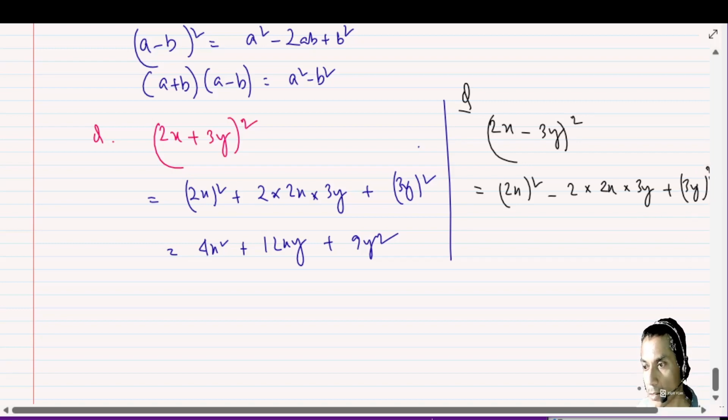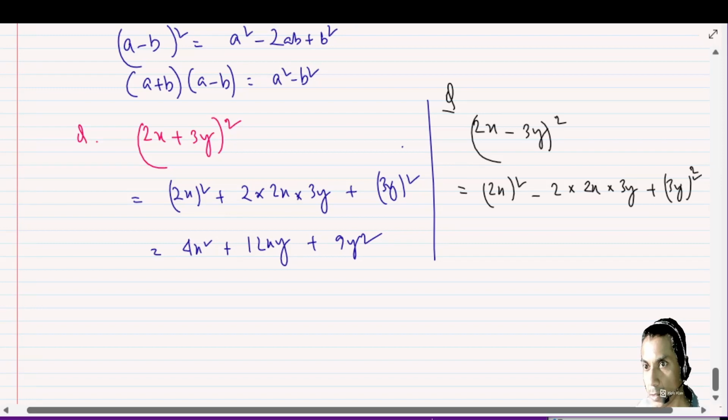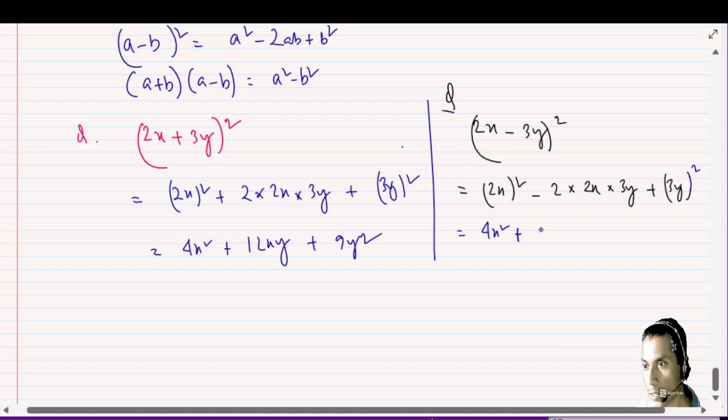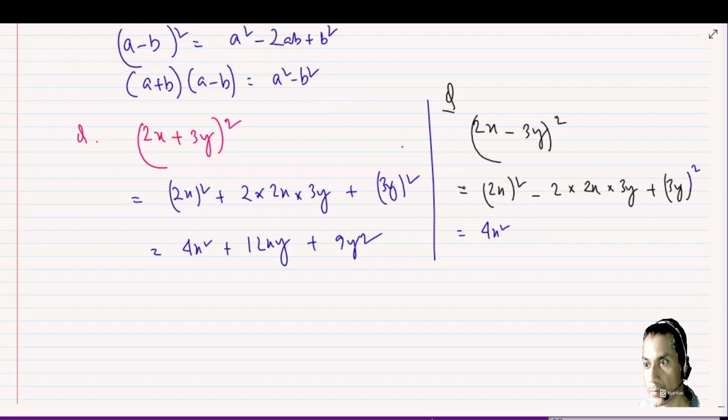Always remember, if there are two items in the same term, then always keep them in the bracket. Clear? So what will be the right answer? 4x square, sorry, it will be minus 12xy plus 9y square. This is the correct answer.